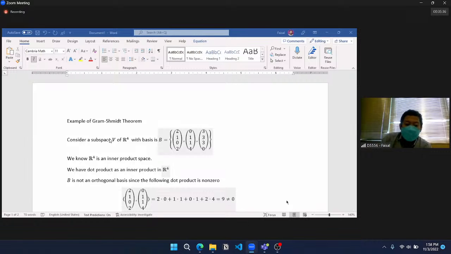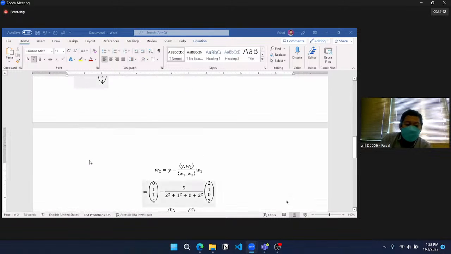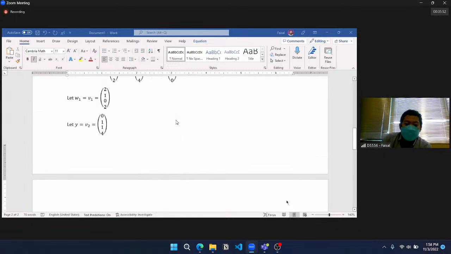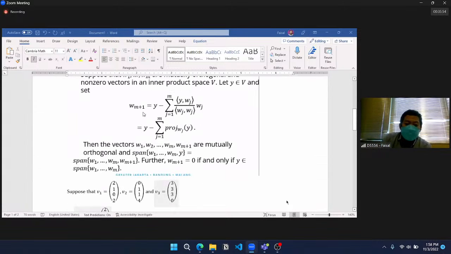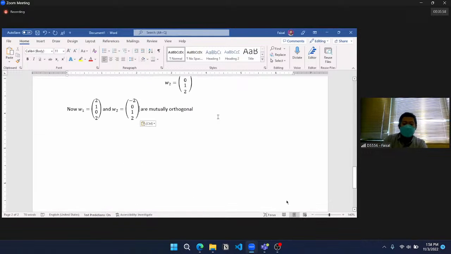So an orthogonal basis of V also has three vectors, but now we have two vectors, so we compute again for W3. So what is W3?